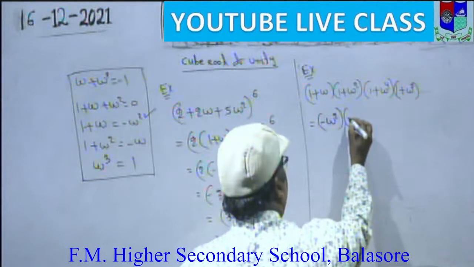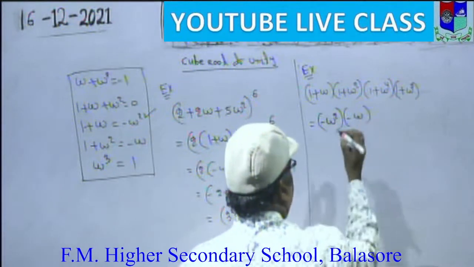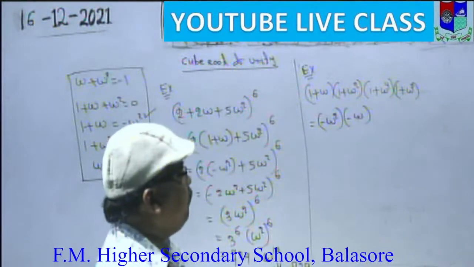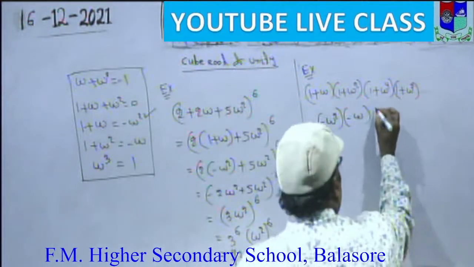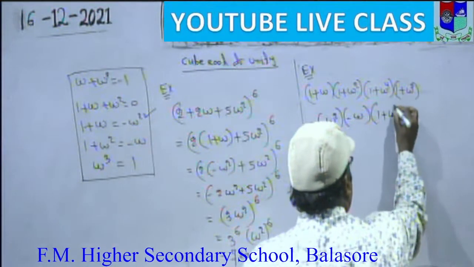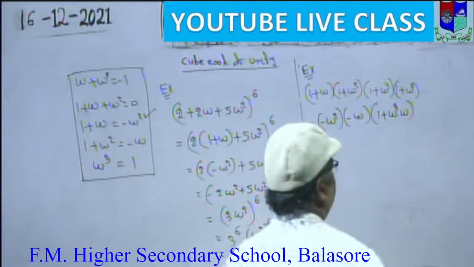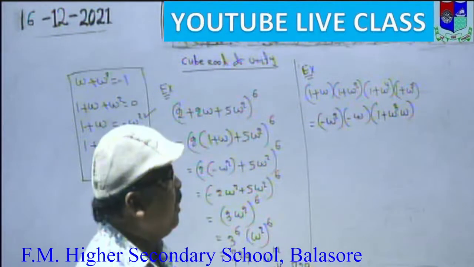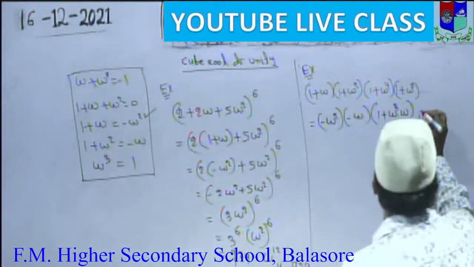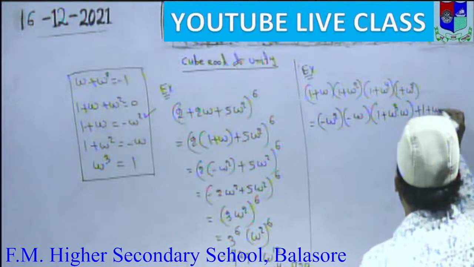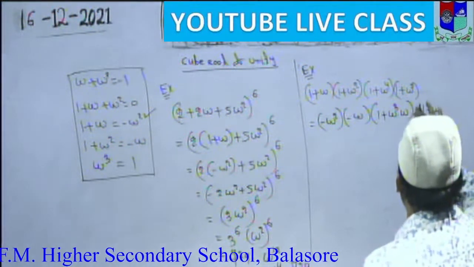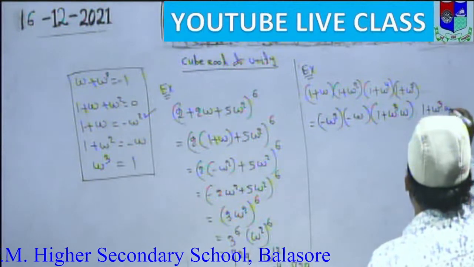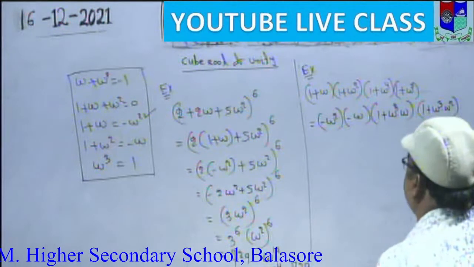For this 1 plus omega square, we can write minus omega. 1 plus omega fourth can be written as omega cube into omega, and omega fifth can be written as omega cube into omega square.